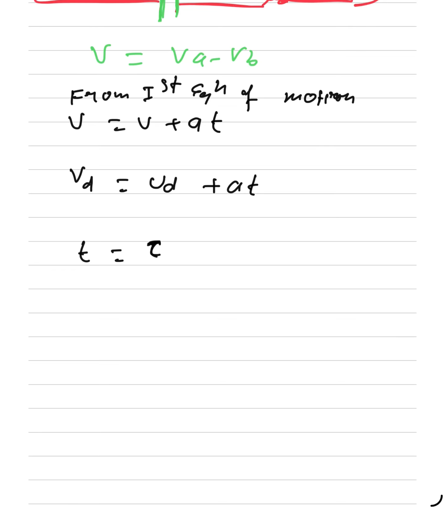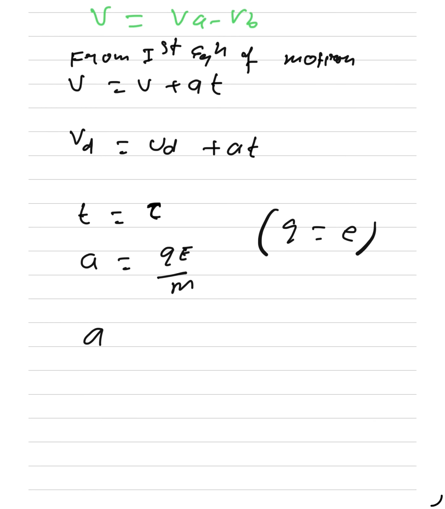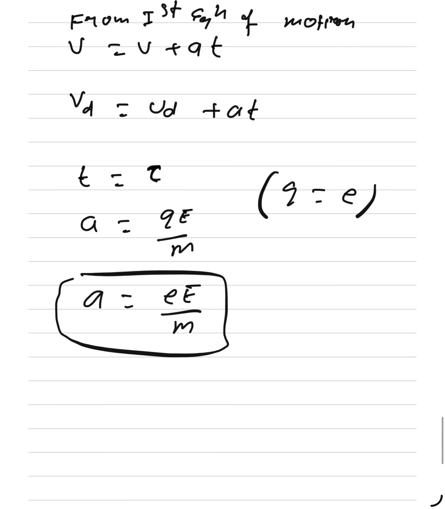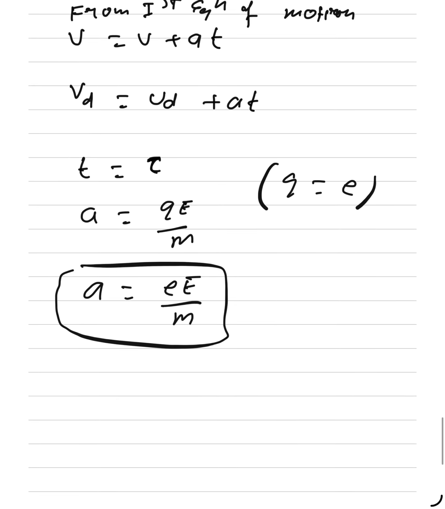From these symbols, the value of the acceleration is qE divided by m, where q is the charge of one single electron equal to e, so the acceleration is eE divided by m. Here small e is the charge of one electron, capital E is the electric field in the conductor, and m is the mass of the electron. Put this value here, and ud also equals 0.